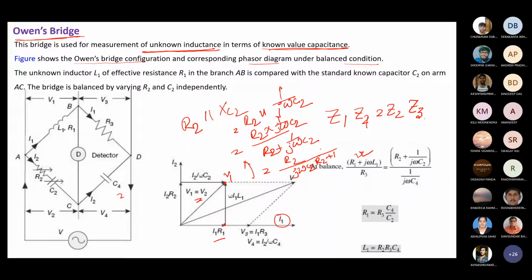So V1 equals V2. V2 equals I2 R2, and you need to find the value of I2. So I2 R2 and I2 by j omega C2.